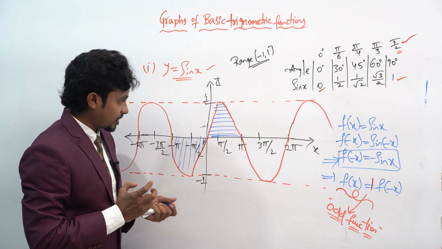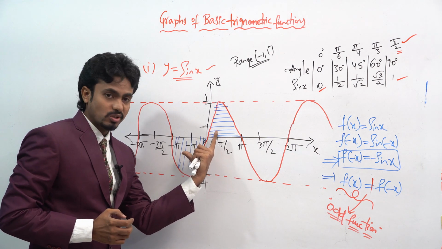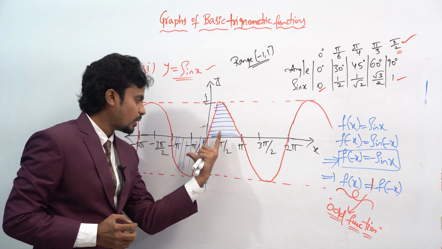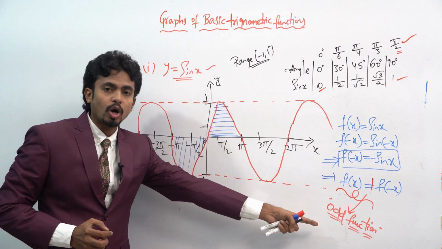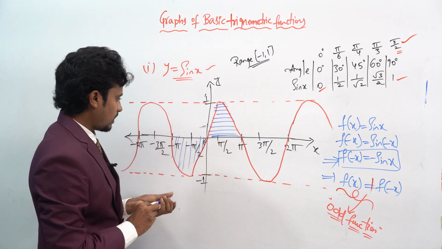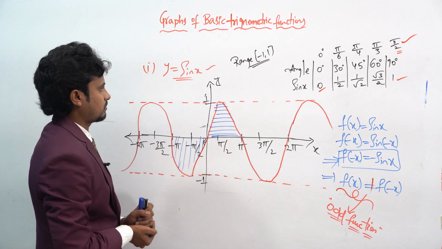Whenever you see the question, if this positive area and the negative area are opposite to each other, then you can directly say that it is an odd function. Here also we can say this is an odd function.